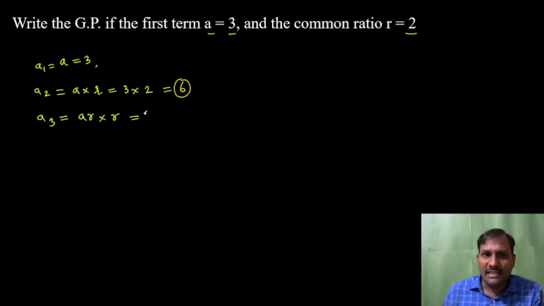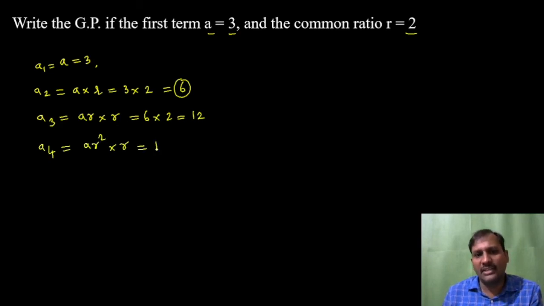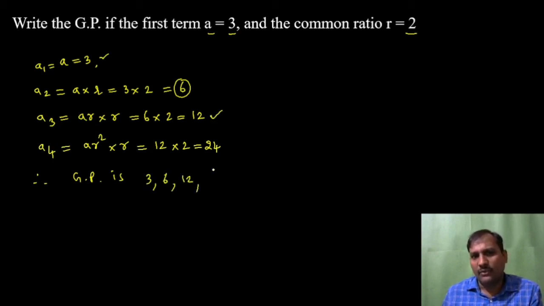That is 6 into 2, that is 12. To get the fourth term, we have to multiply the third term with common ratio. That is 12 into 2, 24. Therefore, what will be the GP? The GP is the first term 3, second term 6, third term 12, fourth term 24 and so on.